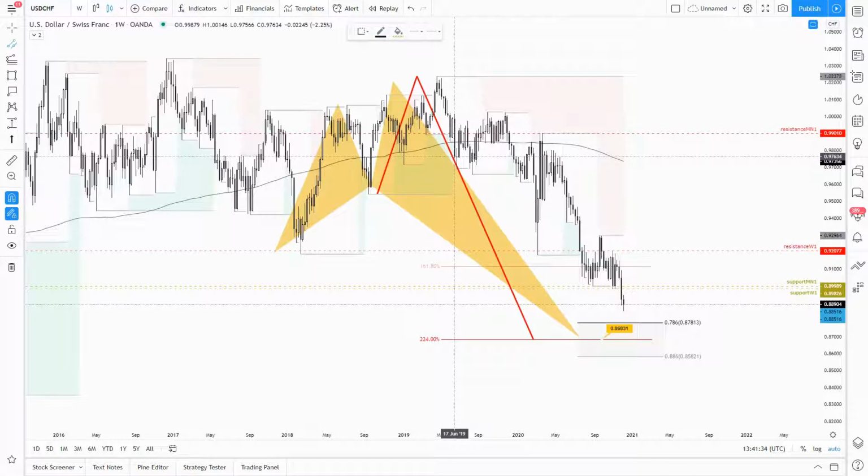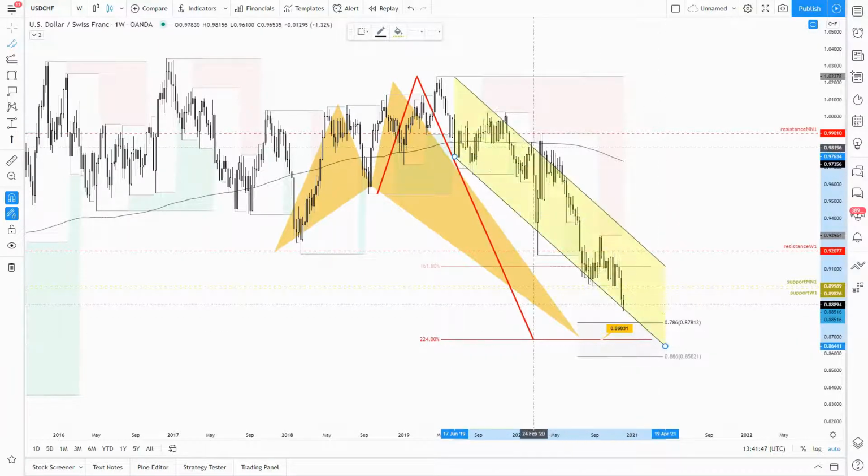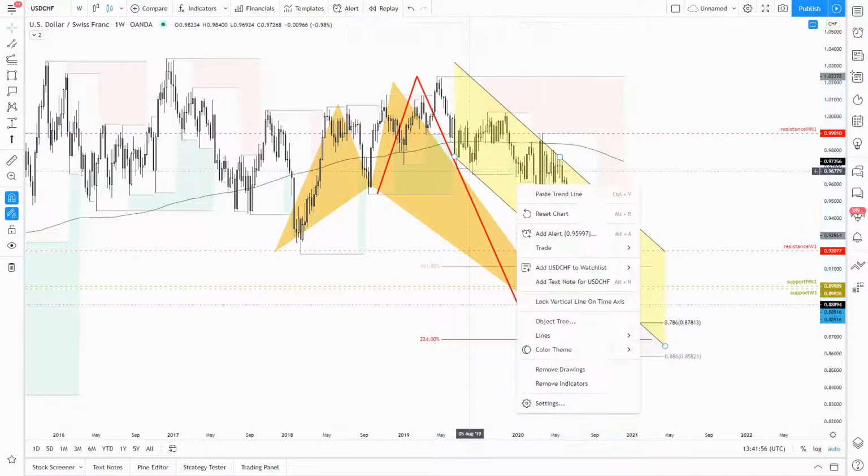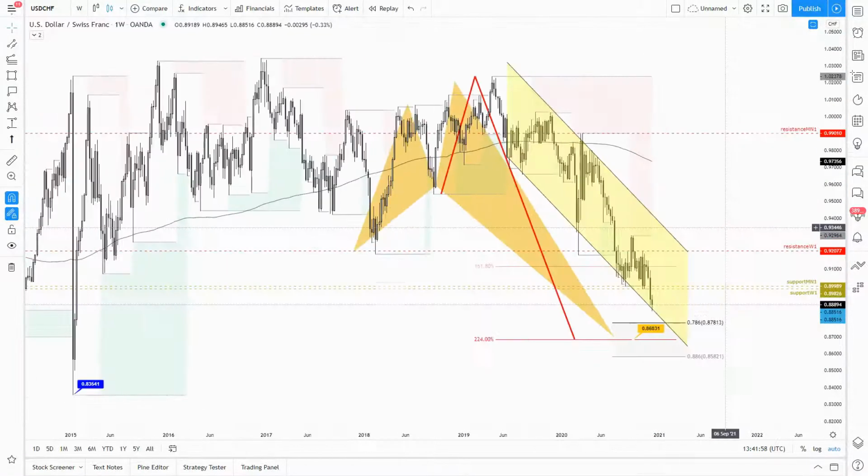So I target this previous structural low, and I extended the trend line support covering those previous structure closes. I'm talking about the close prices of this structure, and I projected that one above or at the previous structure close.